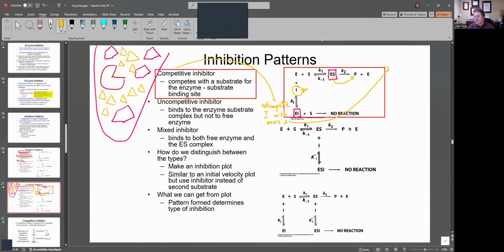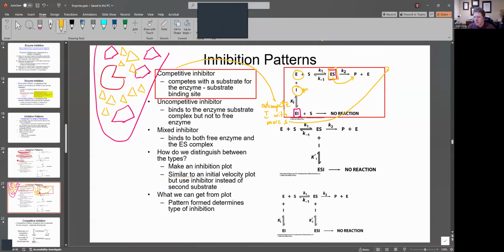The inhibitor and the substrate fight it out for the enzyme. But as soon as ES forms, the inhibitor says, well, I'm not interested in ES. The inhibitor is only interested in the free enzyme.